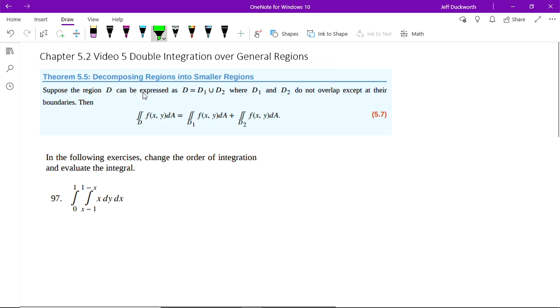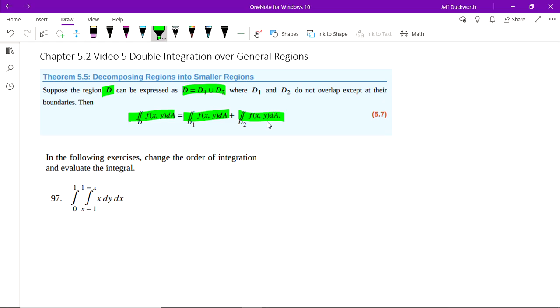So if you've got some sort of region D that is equivalent to the union of two pieces, essentially, if you can add those two pieces together where they don't overlap except at the boundaries, then when you take the integral of the whole thing, it's equal to the individual pieces integrated. And again, you should have seen something like this in Calculus 2.